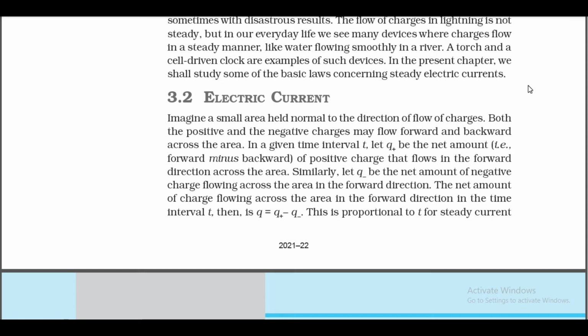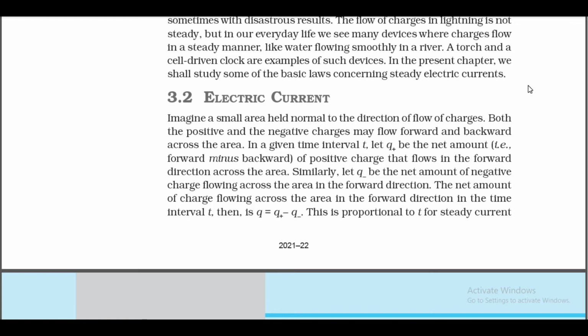3.2 Electric current. Imagine a small area held normal to the direction of flow of charges. Both the positive and the negative charges may flow forward and backward across the area. In a given time interval t, let q plus be the net amount, that is, forward minus backward, of positive charge that flows in the forward direction across the area.